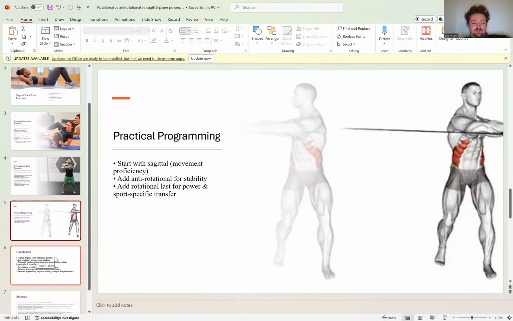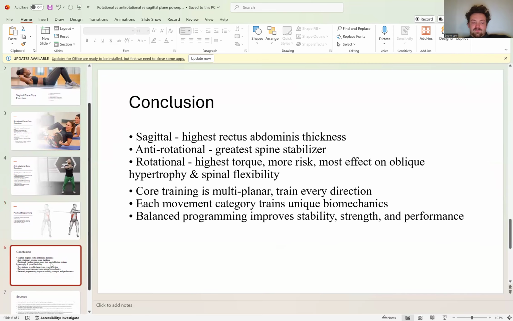Our conclusion. Okay, so sagittal. When it comes to the rectus femoris, the muscles directly in the front, and their hypertrophy and thickness, sagittal plane movements are king.